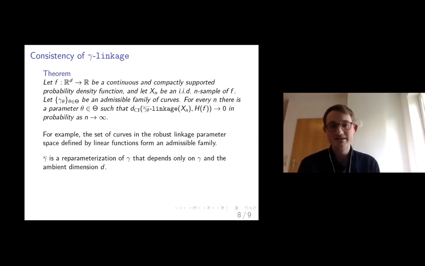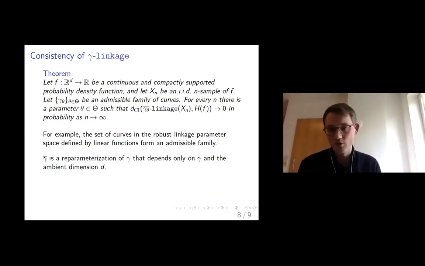The idea is that we hope that as our samples get bigger and bigger, the hierarchical clustering we compute of the sample should approach the density contour hierarchical clustering, this H of F. But of course, hierarchical clustering algorithms take parameters, and we don't expect that we get this convergence with respect to any arbitrary choice of parameters. So usually these consistency results are saying instead that there should be a strategy for choosing parameters.